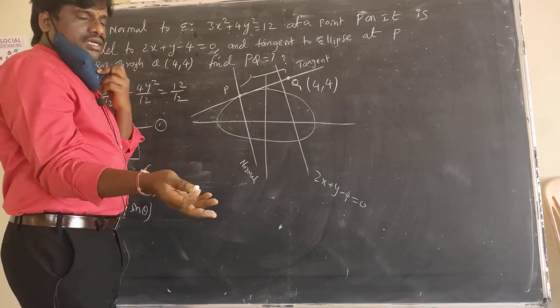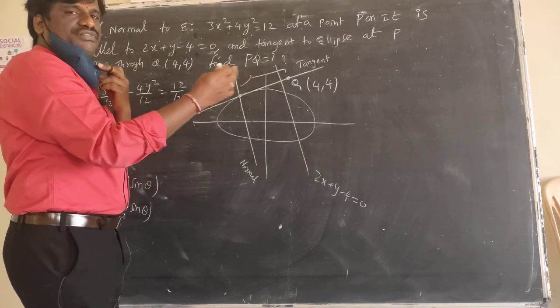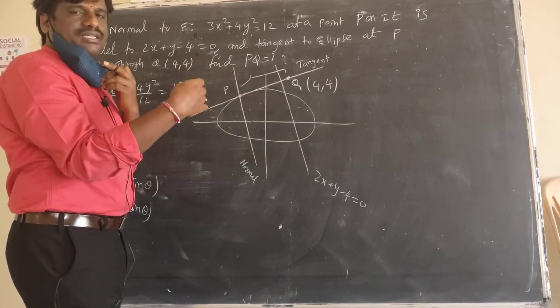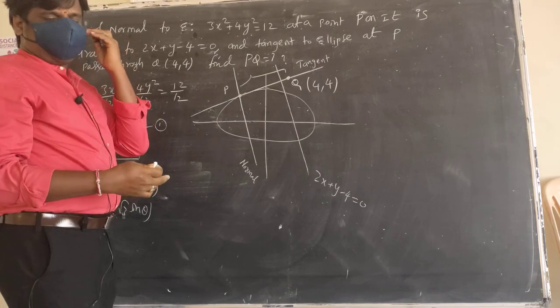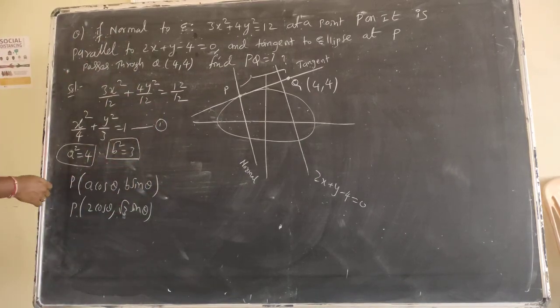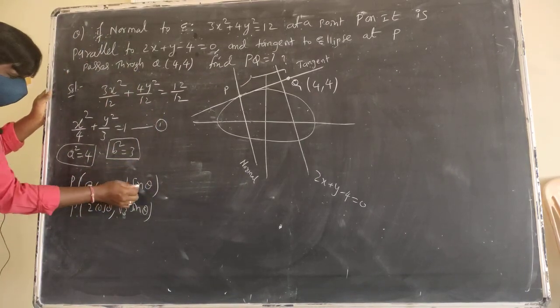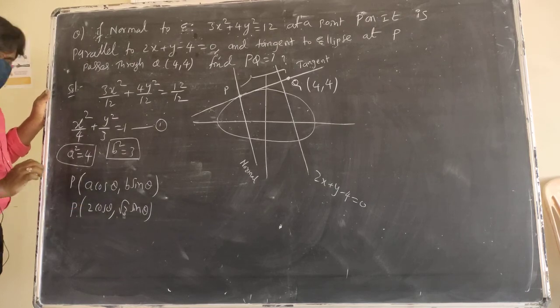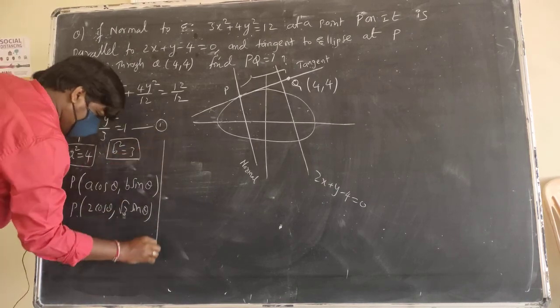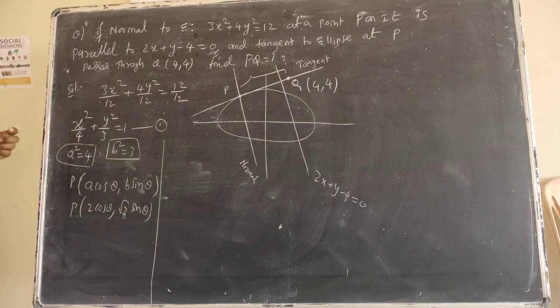If you solve both equations, you get the point. That point is the required one. Another way is to take P as a cos theta, b sin theta, a parametric point. Then this point will give you the equation of the normal and the equation of the tangent also. So you will get the answer.